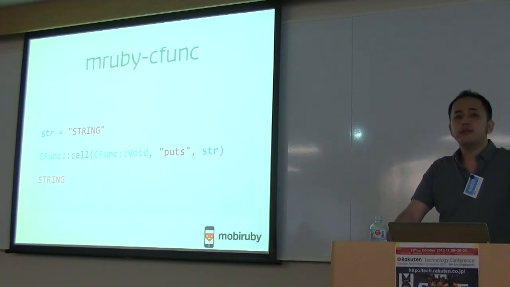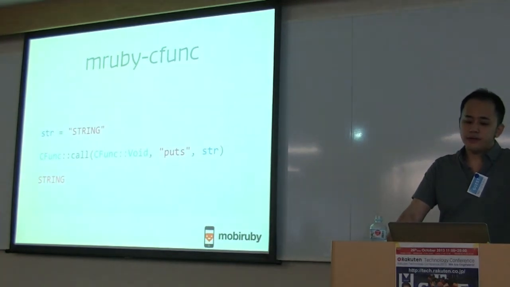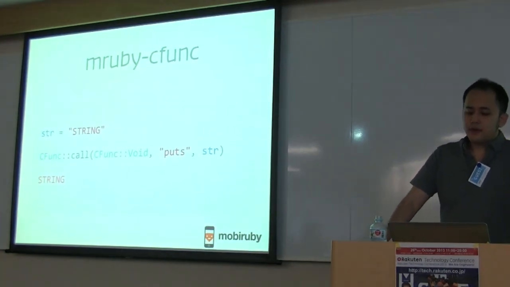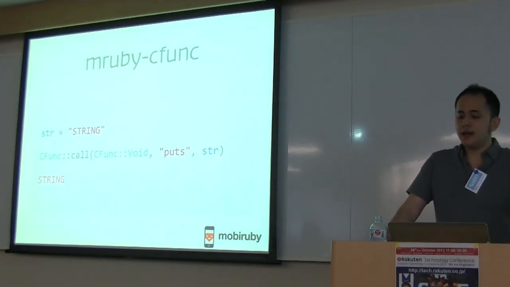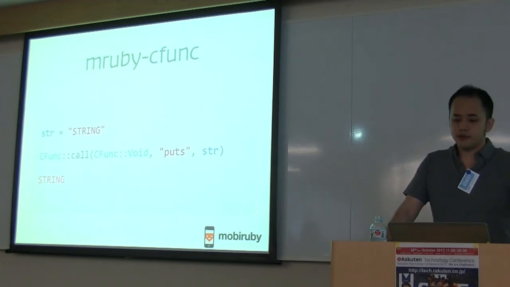Internally, it converts the Ruby string to a C string, looks up the put function pointer and calls the function. So mRuby can call all C functions without special extensions. This component is independent from Mobiruby. If you want to use mRuby C functions, you can use it.